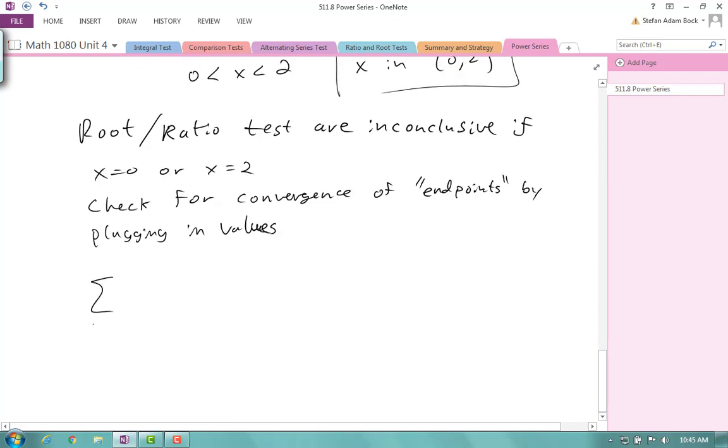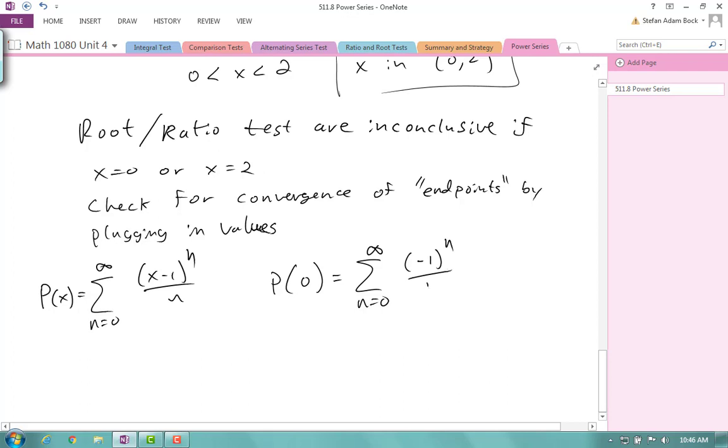So for my series, the sum from n equals 0 to infinity of x minus 1 to the n over n, I would instead evaluate this. Let's call this p of x. So I want p of 0 equal to the sum from n equals 0 to infinity of negative 1 to the n over n.